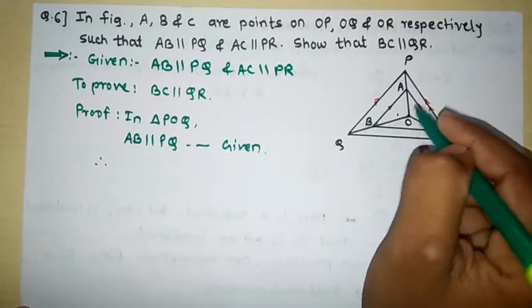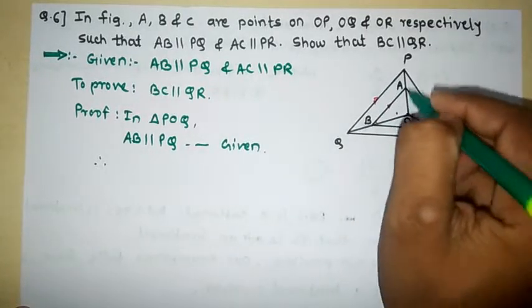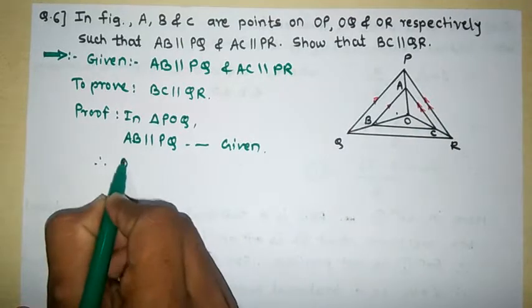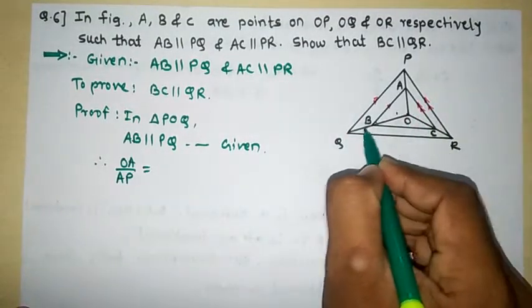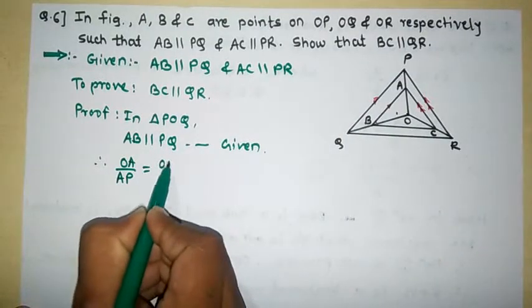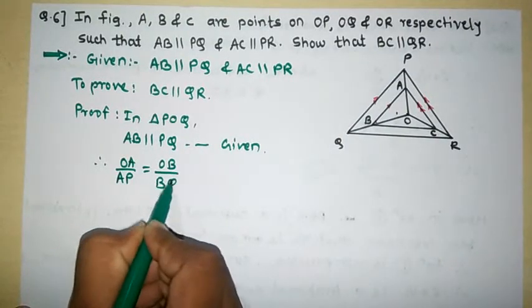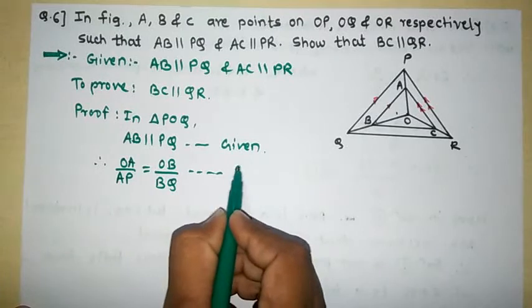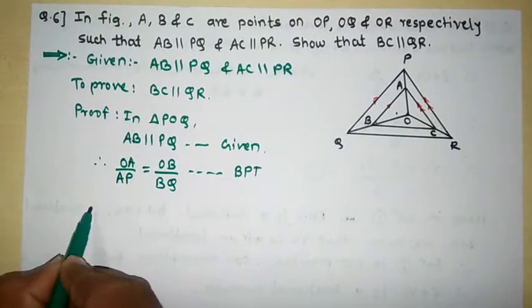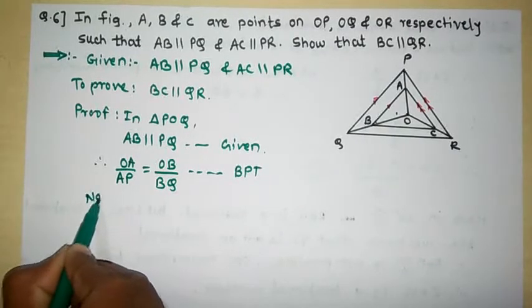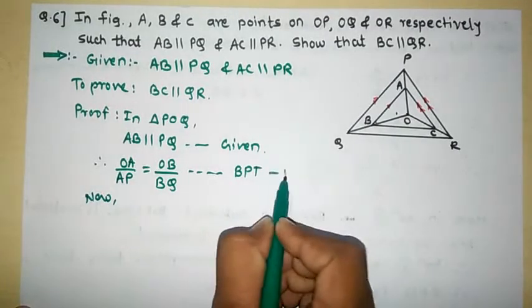Yes. Therefore OA divided by AP is equal to OB divided by BQ, by the BPT theorem, basic proportionality theorem. Mark it as equation number 1.